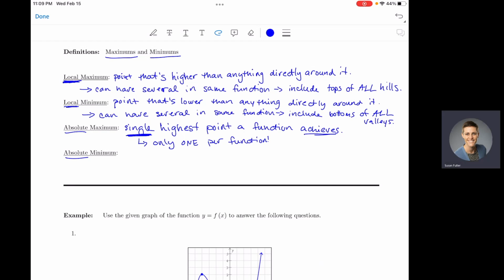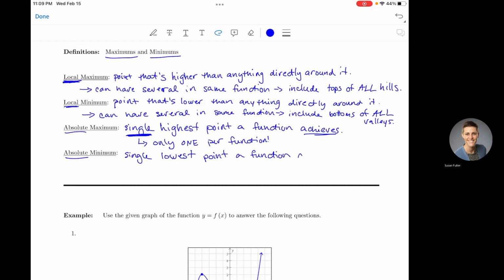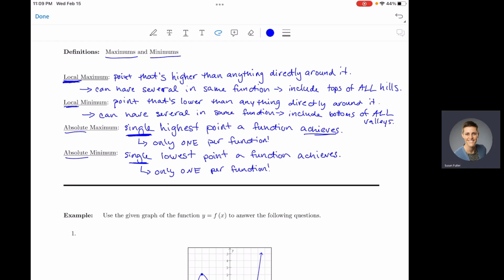Similarly, the absolute minimum is going to be the single lowest point a function achieves. The one point that's lower than anything in the function. Again, single means there's only one per function.